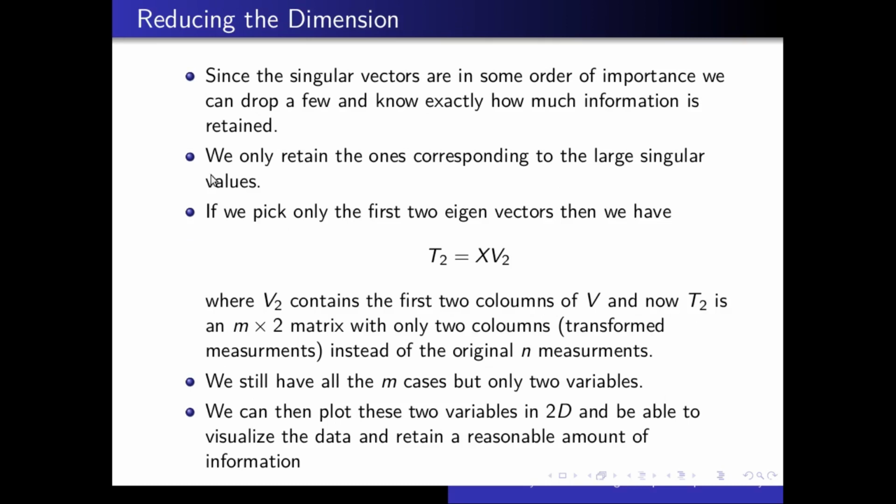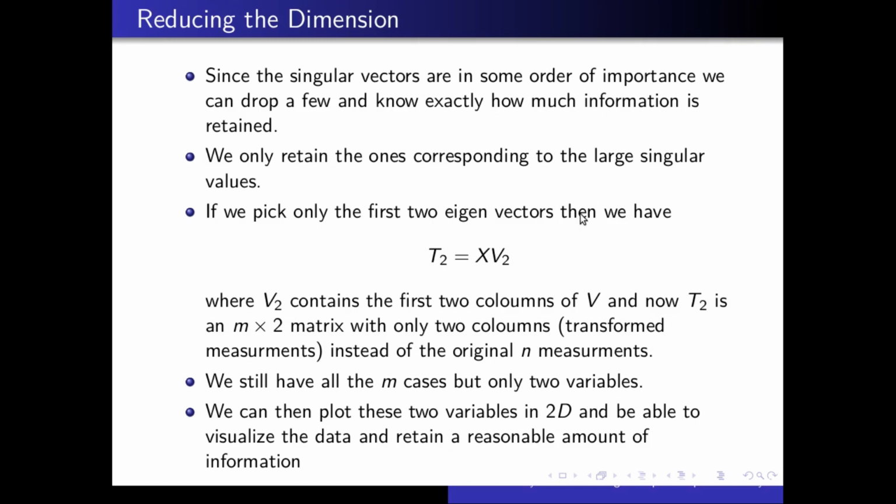So how do we reduce the dimension? Since the singular vectors are in some order of importance, we can drop a few and still be able to tell how much information we have retained. We will usually retain the components that correspond to the large singular values.